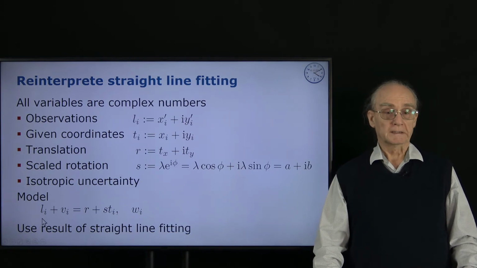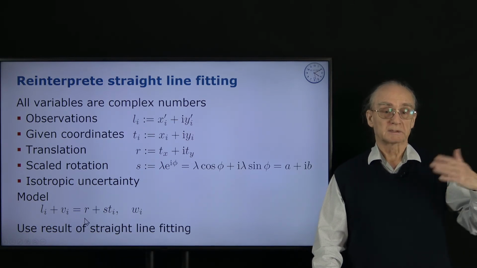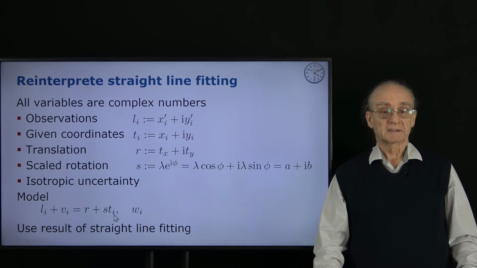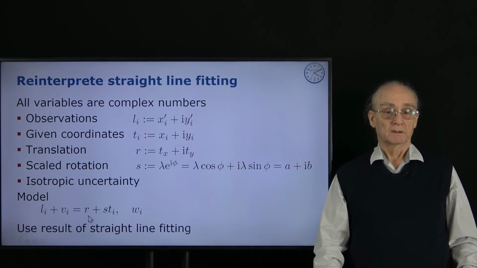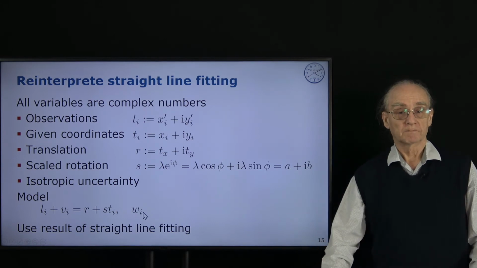Our observed coordinates, complex numbers, plus the residuals, complex numbers, is the translation, which is a complex number with t_x and t_y, plus the scaled rotation s multiplied with our given coordinates. And this equation has weight w_i.